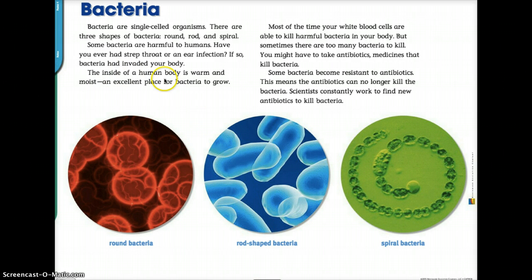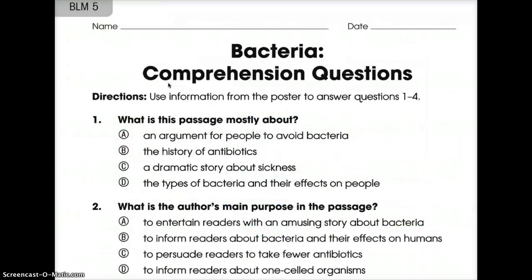The inside of the human body is warm and moist, an excellent place to grow. So choice B must be the answer. I had to think like the author to figure out the answer. The answer, to inform readers about the effect of bacteria on the human body, makes sense. So I will choose B.